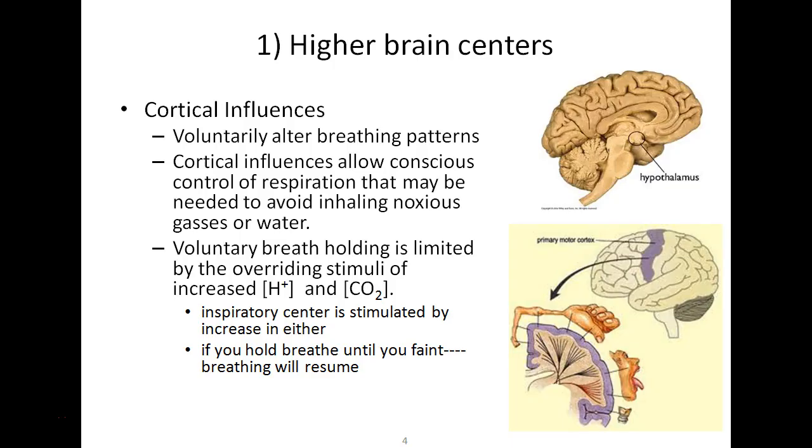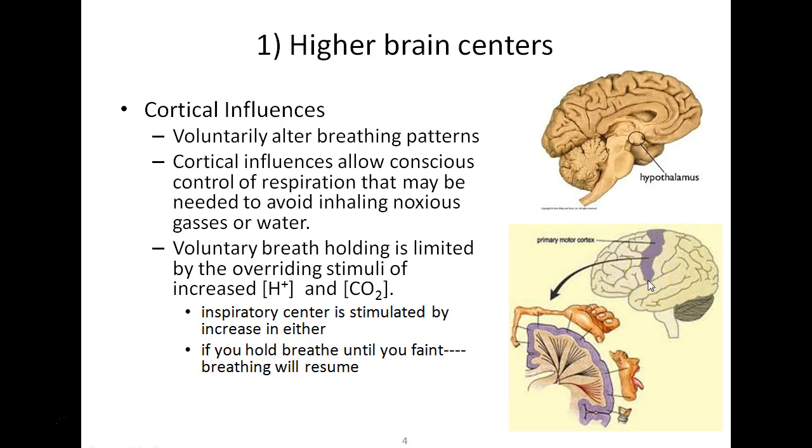So let's take a closer look now at this higher brain center. This higher brain center, recall, is part of the cerebrum. It's a cortical influence, so we're talking about voluntary control. On looker's right, notice the primary motor cortex.